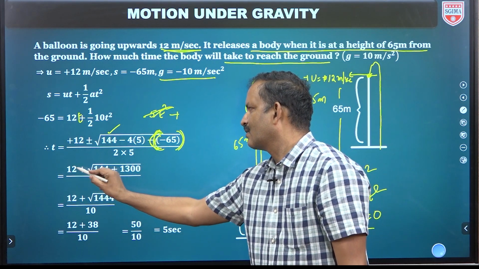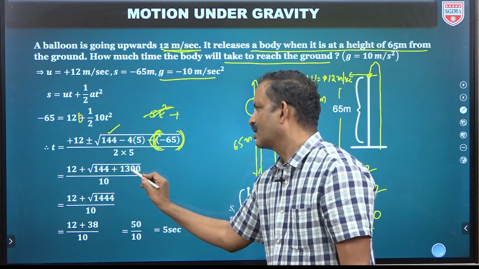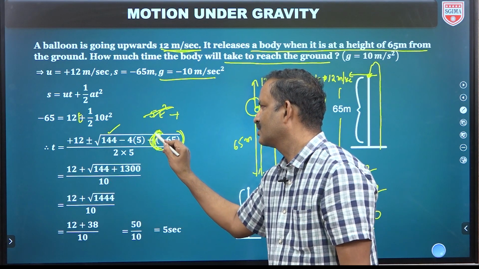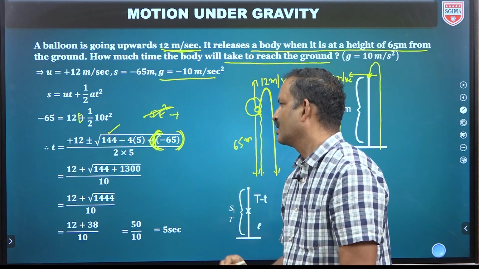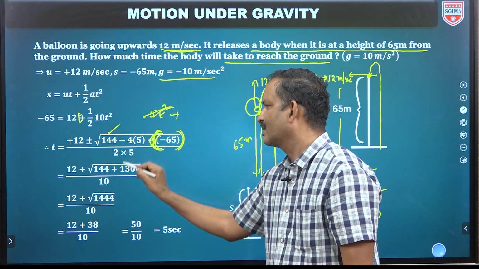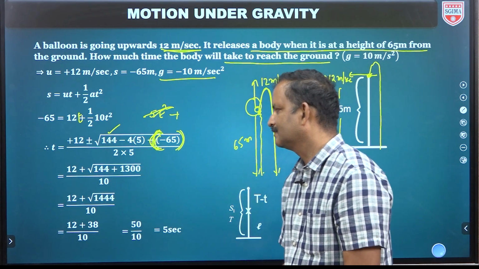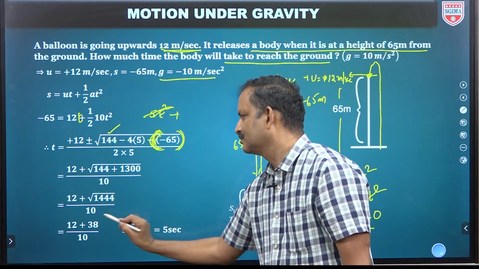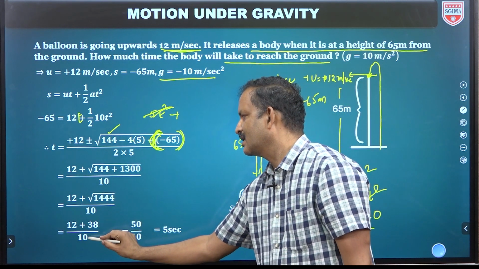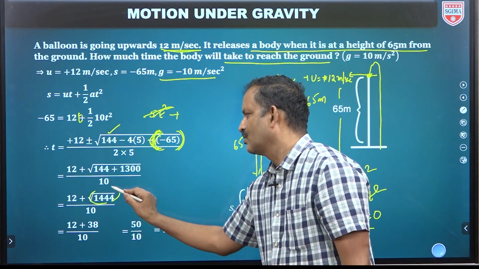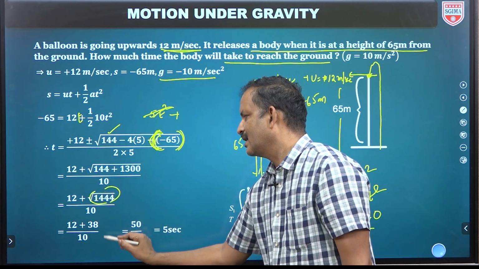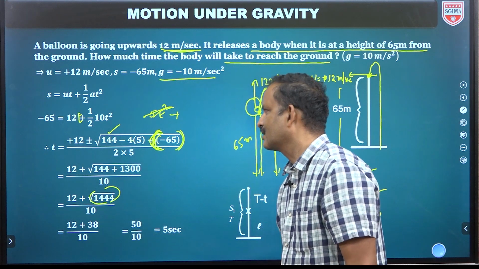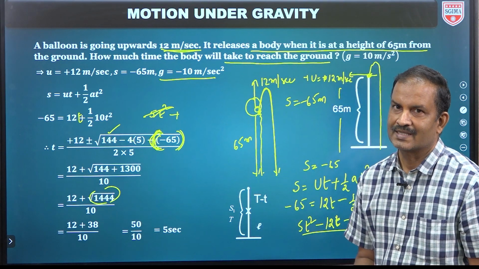So you will get 12 plus root of 144 plus 1300. 4 fives are 20, 20 into 65 is 1300, minus of minus is plus. Root of 1444 is 38. So 12 plus 38 by 10, you will get 50 by 10, that is equal to 5 seconds.